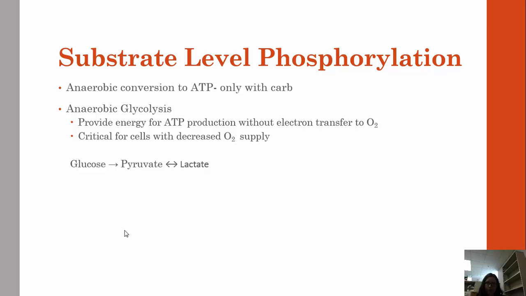We cannot do anaerobic conversion with fats or proteins. So in this process, glycolysis occurs, but only in the presence of an environment without enough oxygen. So this is critical for cells to be able to do this if there's not enough oxygen supply.